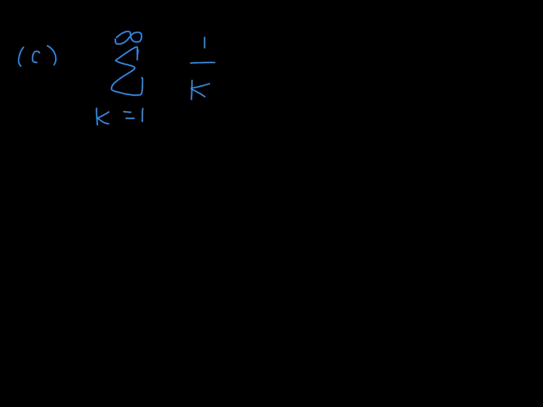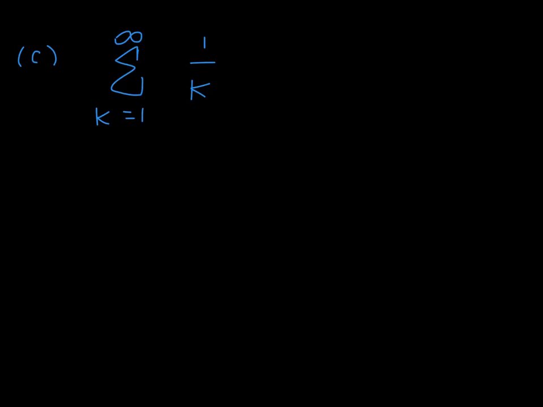Now, remember what the divergence test says. And let's also be careful about what it does not say, all right? The divergence test says that if we can prove that the limit of the terms of the series is not 0, then we can conclude that the series diverges.